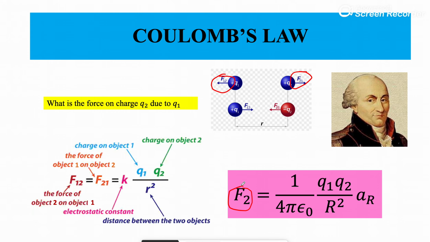The answer to this was sought by many people, but the first published version of the law was given by the French engineer Charles Coulomb, and his law states, in modern notation, that the force on the second charge is equal to 1 by 4 pi epsilon naught, q1 into q2 by r square, a_r.